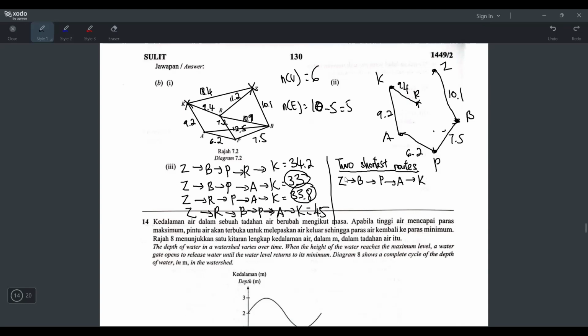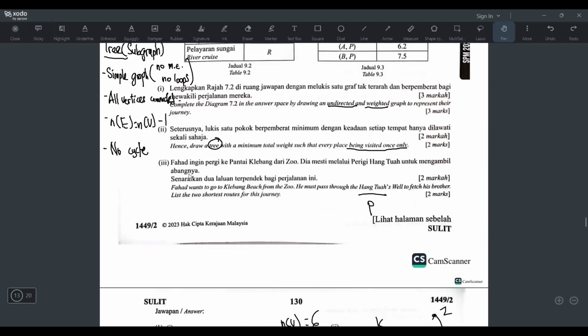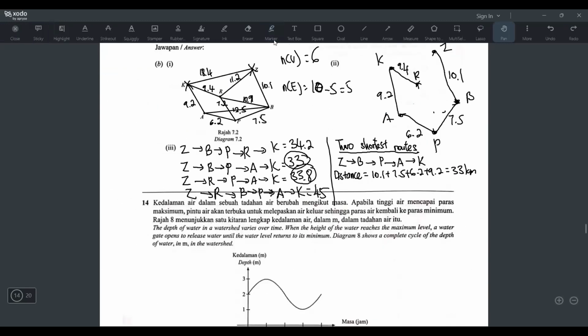So distance equals 10.1 plus 7.5 plus P to A to K, 6.2, 9.2. So this one you get 33, right? So 33 km. Wait, is it in km? Yeah, it's in km.